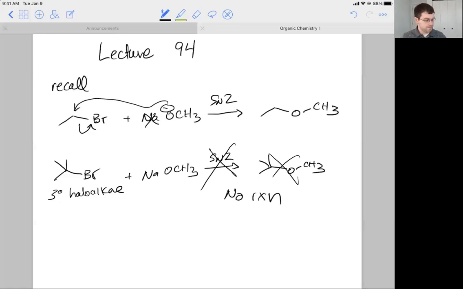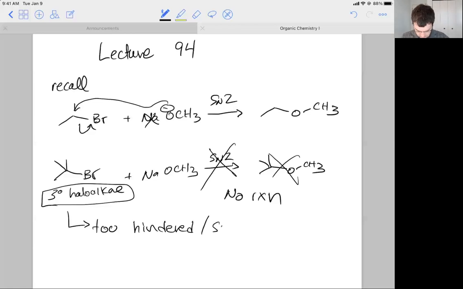No reaction. So what's going on here? Well, it's all about the structure of the haloalkane. It's too hindered, too substituted. And as a result, we will see no reaction occurring.